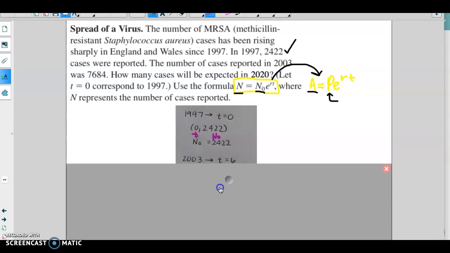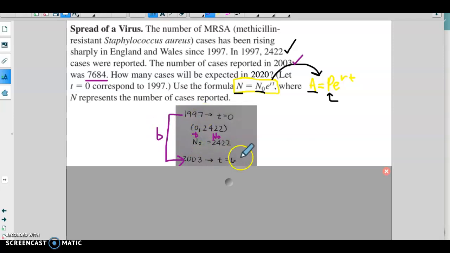The next piece of information they gave us was in 2003, there were 7,684 cases. How did I get 6? I go 2003 equals t equals 6. How did I get that? Thinking about 1997 to 2003, how many years have gone by? 6 years, right? 98, 99, 2000, 1, 2, 3, 6 years.